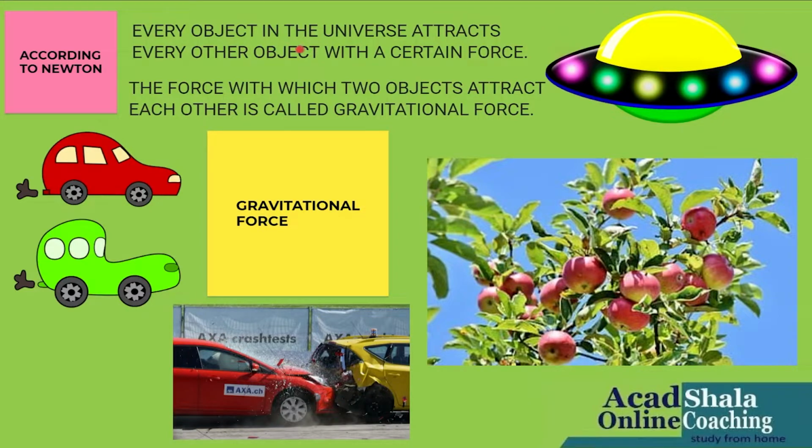All planets should collide with each other. Earth should collide with the sun. Everything in the universe should collide with each other. But why is it not happening? If they are exerting force on each other, but no colliding is happening in the universe, although according to the statements it should happen.